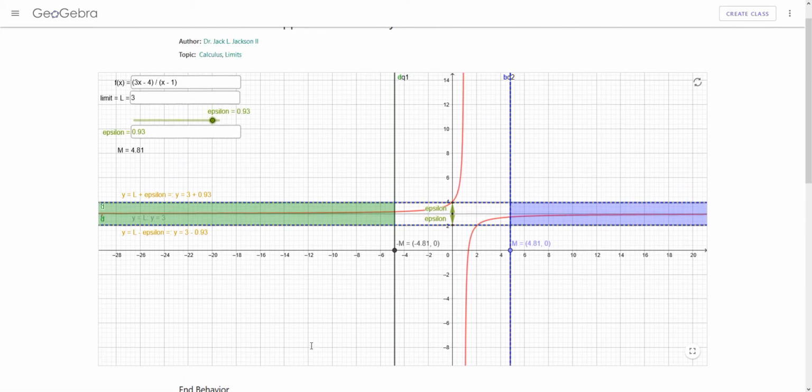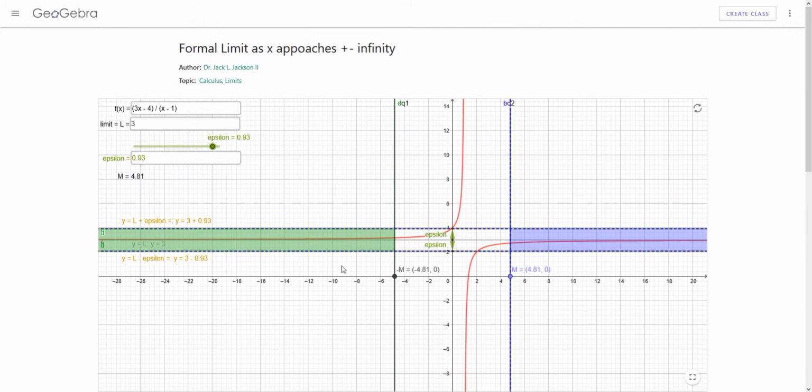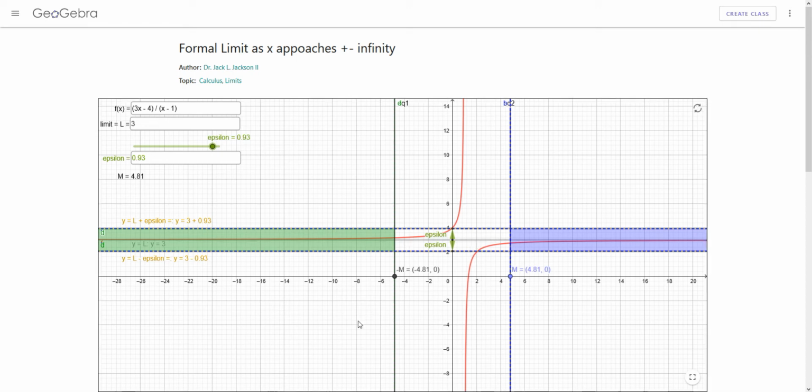So it's very similar to what we did before. We have our epsilon limits here. So we have our limit, which we think is 3 here. That graphs the horizontal line right there, y equals 3, which I can change by typing in that box. I'll have to change it for different functions if I change the formula for my function.